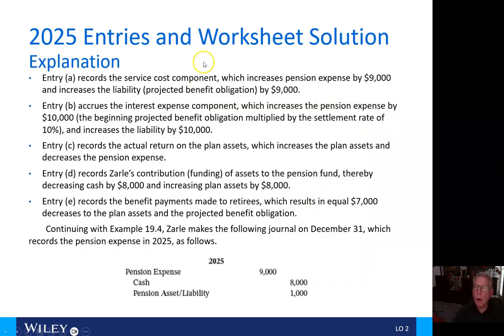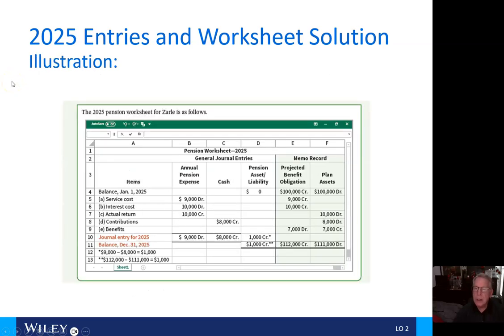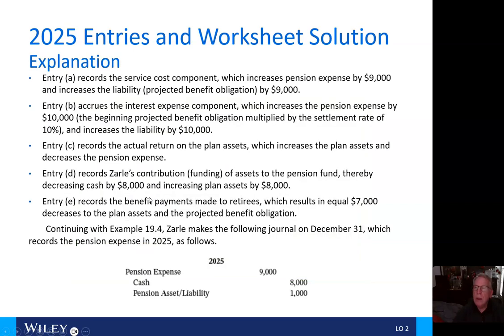Okay, so now for an explanation, entry alpha on the previous page, here, service cost, records the service cost component, which increases pension expense by $9,000 and increases the liability, the projected benefit obligation, by $9,000.